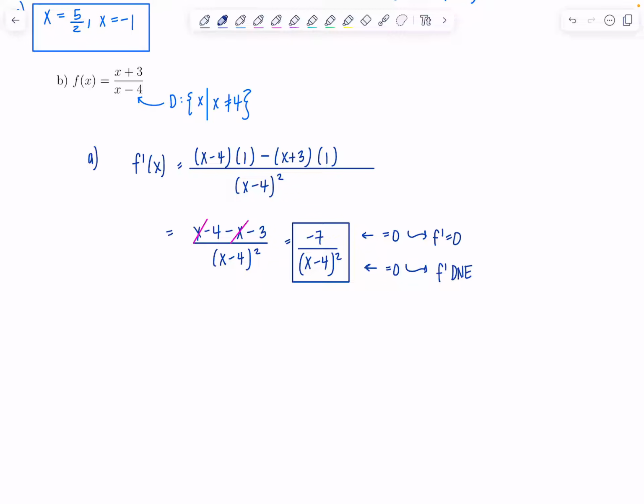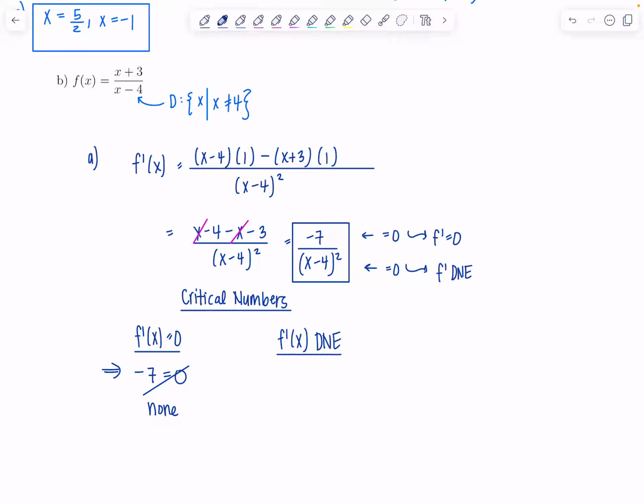Let's get our critical numbers. Tell the people what we're doing. We're finding critical numbers. So f prime of x equals 0. That would mean the numerator, negative 7, is 0. Well, that's impossible. None. And then the other place where we can get critical numbers is where f prime of x does not exist. So that would mean the denominator, x minus 4 squared, is 0, which would mean x has to equal 4.